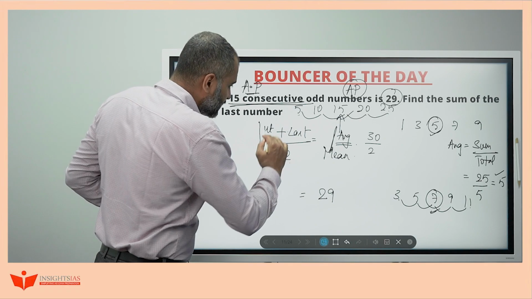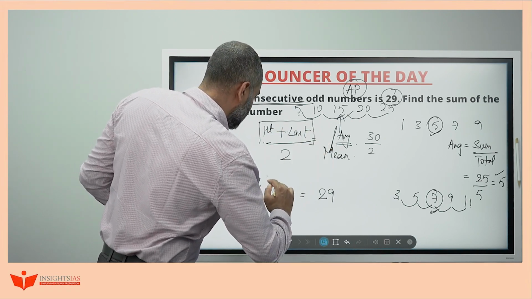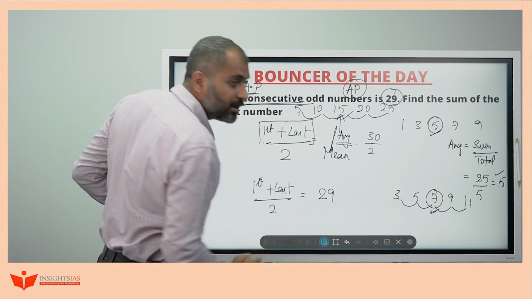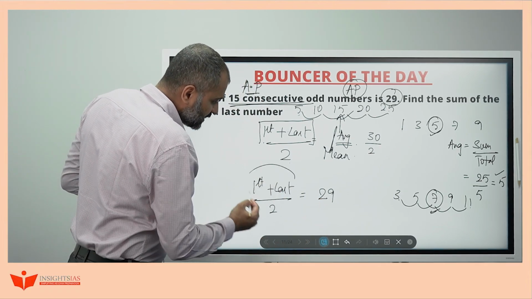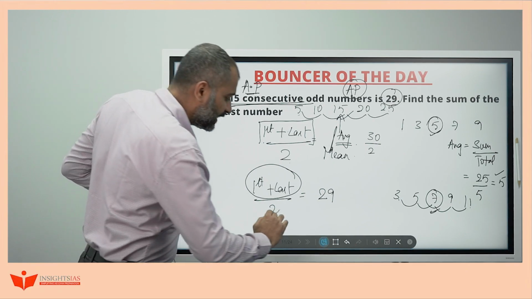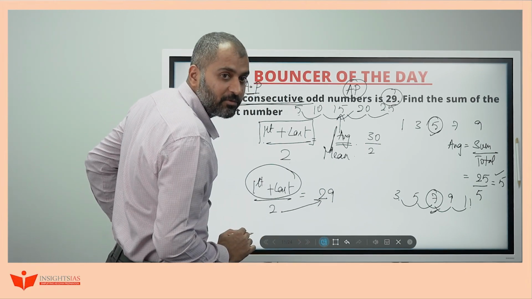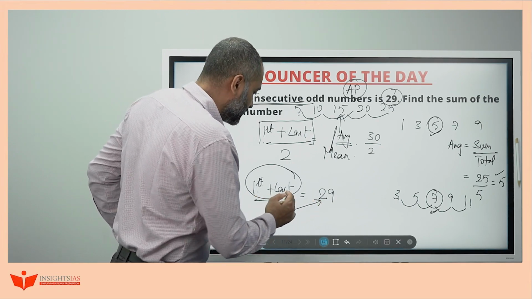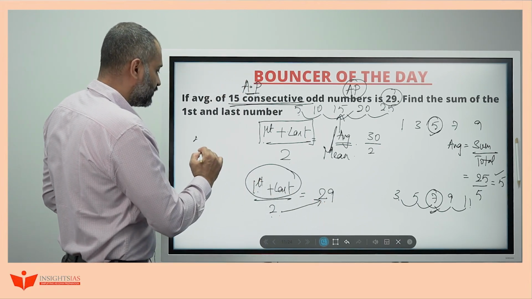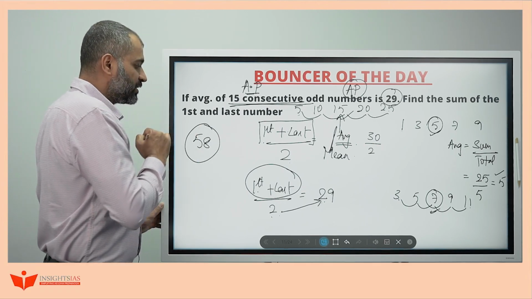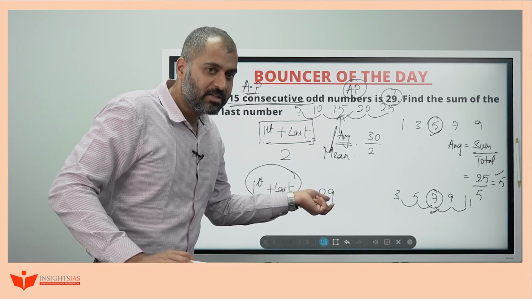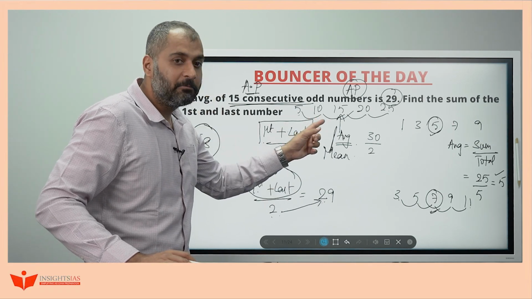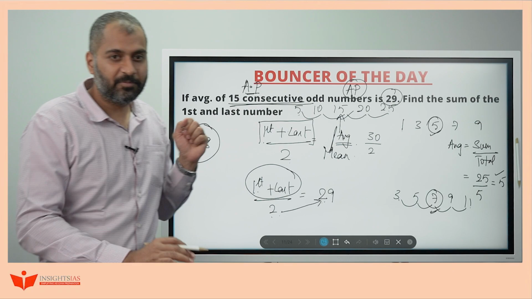I can write this as first plus last by 2 is equal to 29. The sum of the first and last is nothing but twice the average. So, 2 into 29, that is 58. Always it's twice the average if you ask for the sum of first and last in consecutive numbers or in an arithmetic progression.